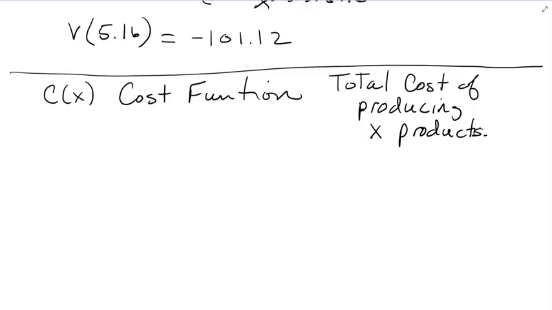But the cost of producing 100 items is going to be more than producing one item, because you've got the cost of item 1 plus the cost of item 2 plus the cost of item 3 and so on and so on. But what happens is each product you make, obviously the cost starts to go down a little bit.